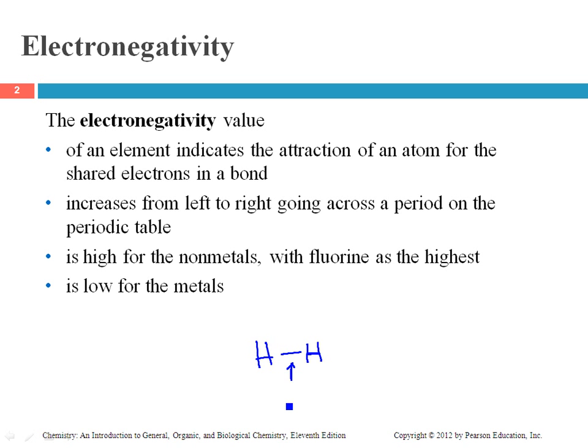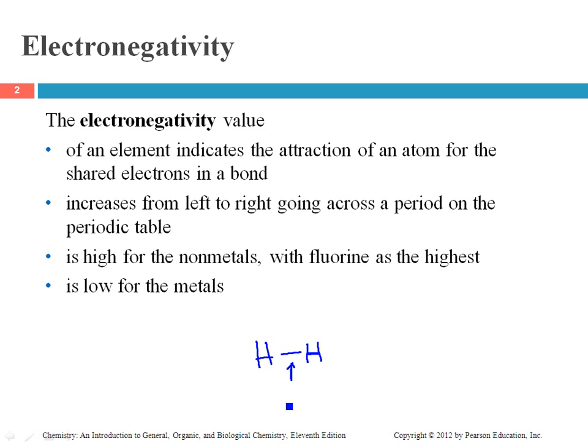Electronegativity increases from left to right going across a period. If you get out your periodic table, as you move across to the right, it's going to increase, and as you move down, it's going to decrease. It's very high for nonmetals. Fluorine is the highest.